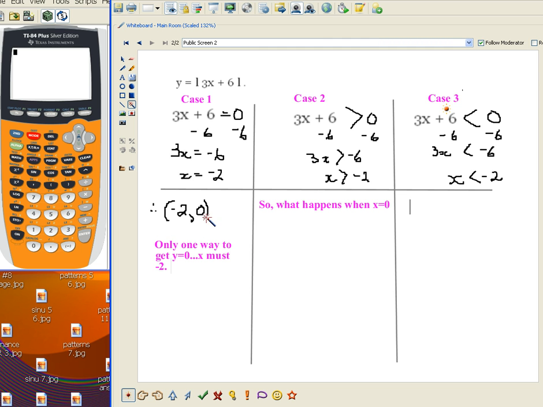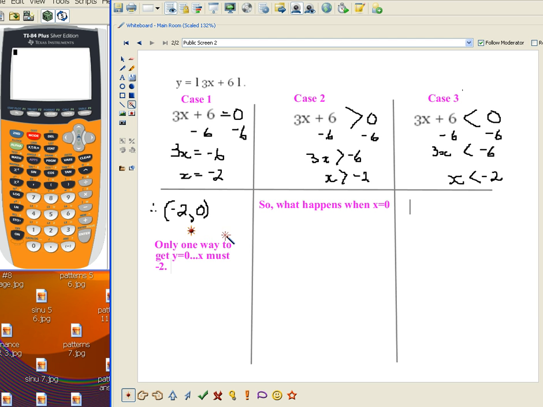Okay, so then if x is negative 2, or if y is 0 rather, or if this thing comes to 0, this is only one possibility here. If we have the inside of that absolute value function equal to 0, x is equal to negative 2.